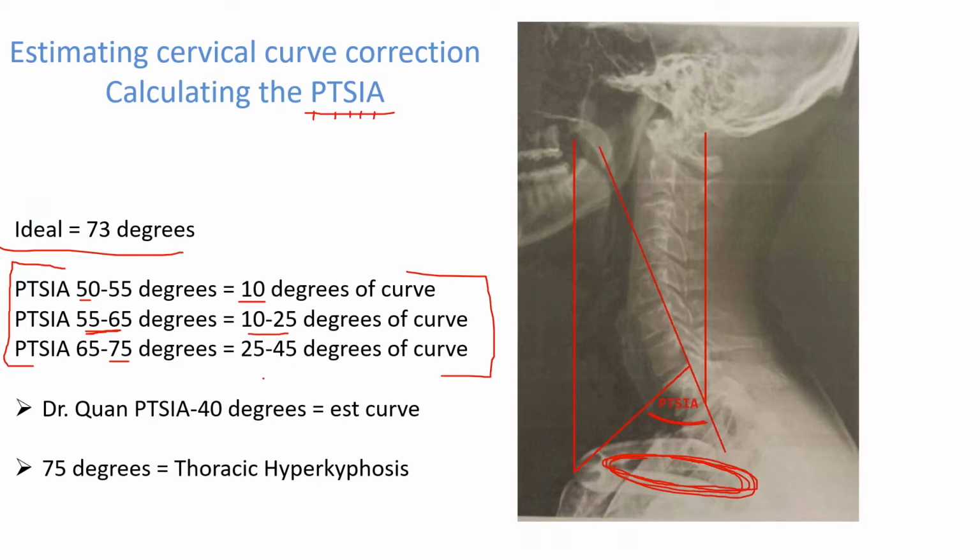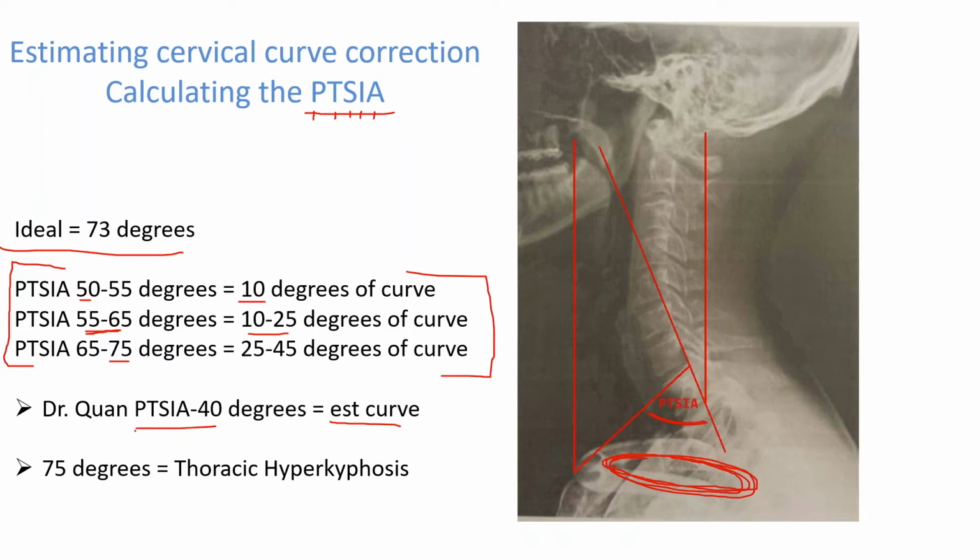This is not exact yet because the formula is not out. I gave you this as an estimate. And then Dr. Kwan mentioned his formula, which works fantastic, by the way, which was the pizza angle minus 40 degrees is approximately the curve that you can expect. So if we look at 50 here, minus 40 gives you 10 degrees. It works. 65 minus 40 degrees gives us 25 degrees of curve, and so on and so forth.